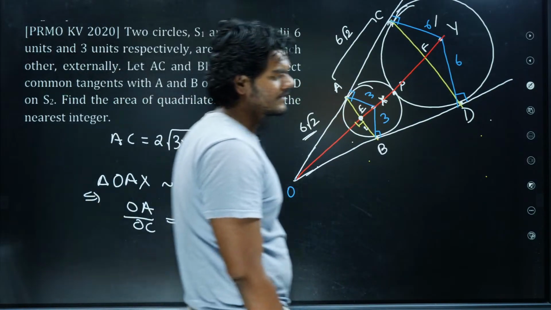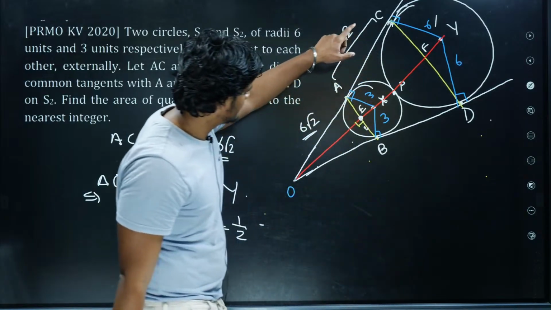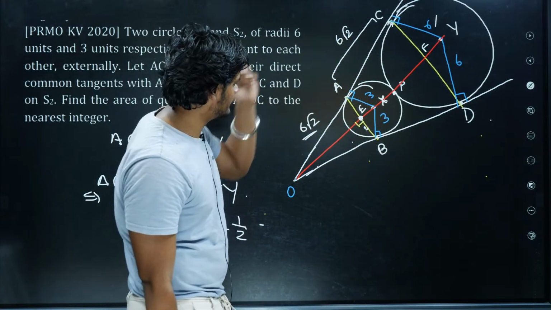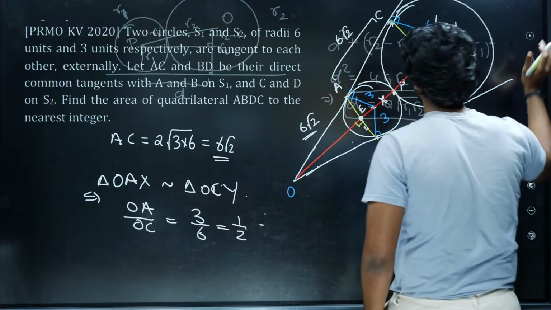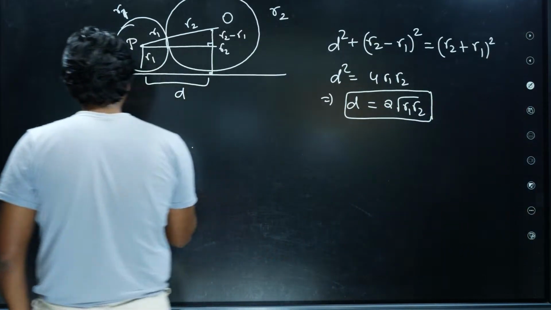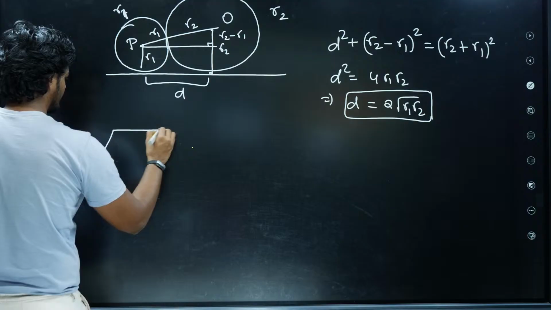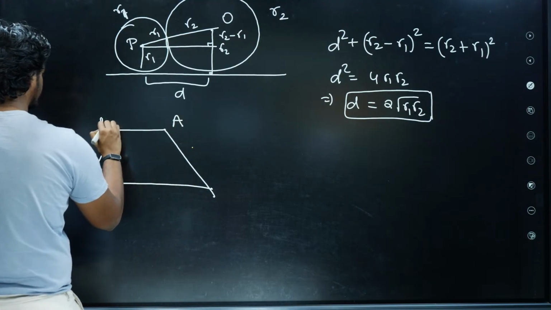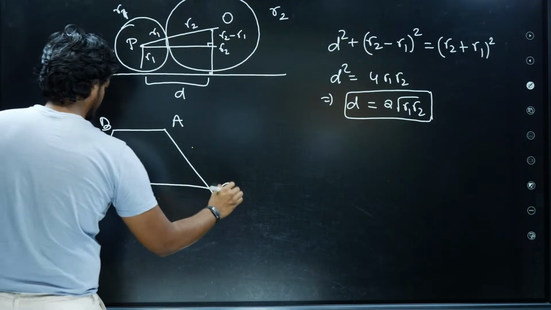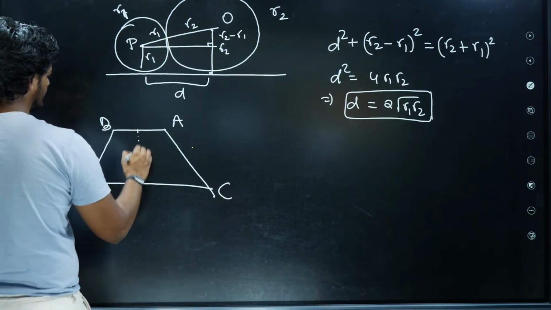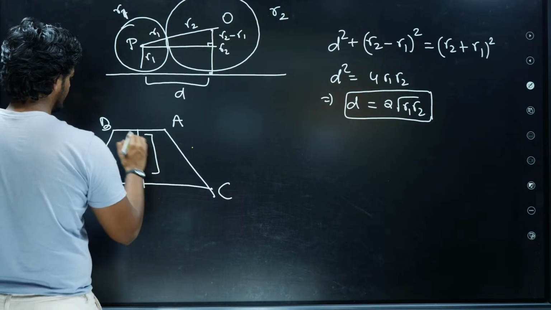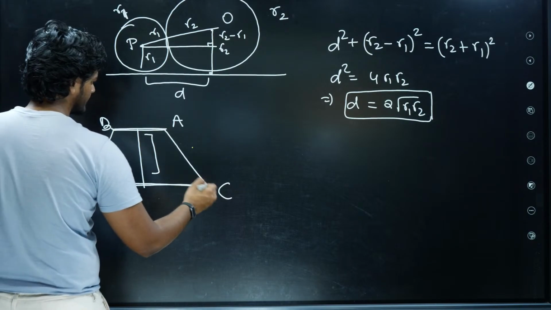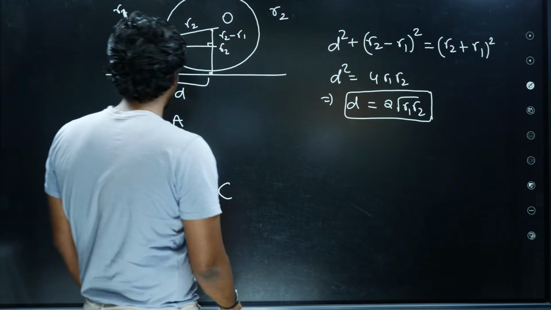Now we want to find ABDC. If you also pay some attention, ABDC looks like it is a trapezium. It looks like this. This is how ABDC is. So we just need to find the vertical height and the bases.